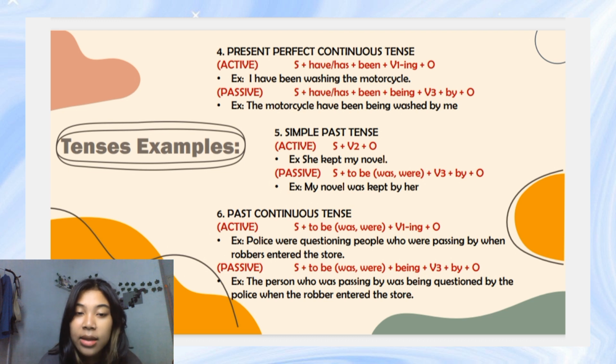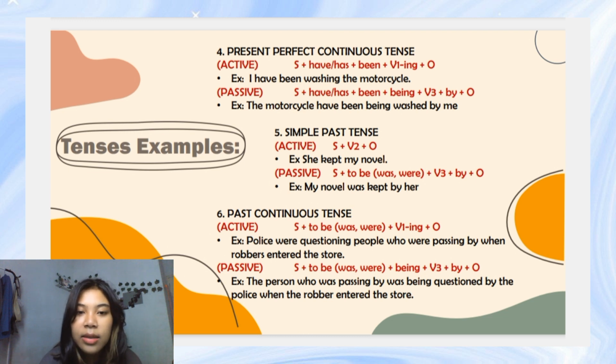For passive: subject plus have or has plus been plus being plus verb 3 plus by plus object. For example, the motorcycle has been being washed by me.